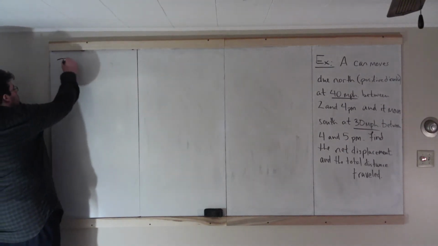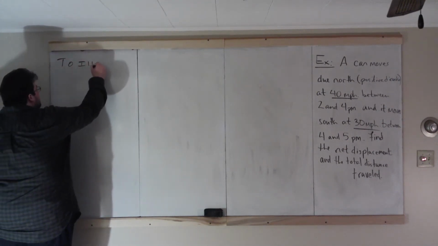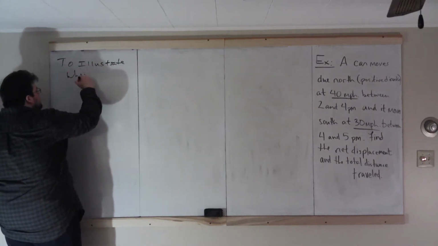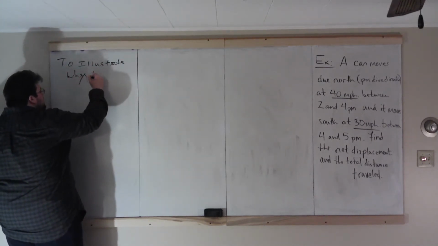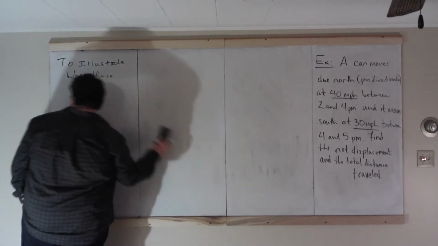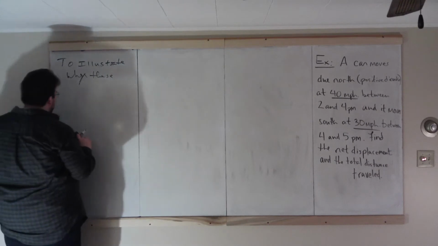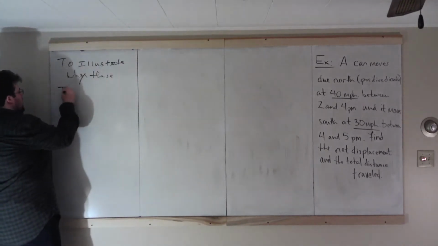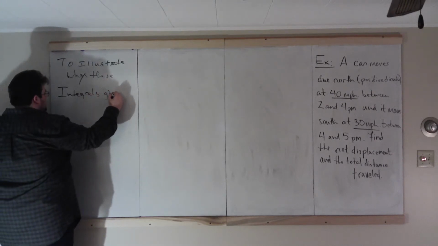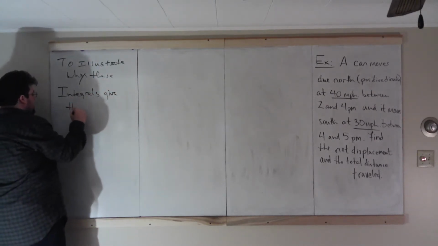So to illustrate why these integrals give the desired quantities, consider the following graph. I'll write out the whole word, and sometimes I'm lazy and just use the integral symbol for integrals.